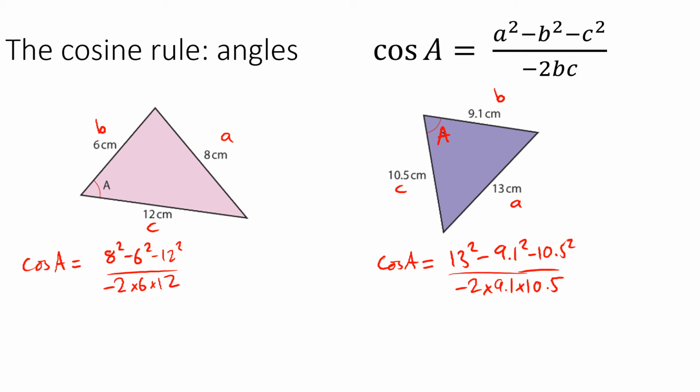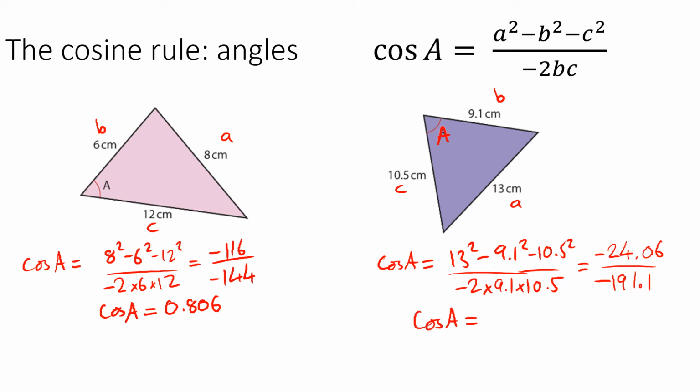If we plug those in the calculator, we'll get that cos A is 0.806 roughly on the first one, and just 0.126 for cos A on the second one.